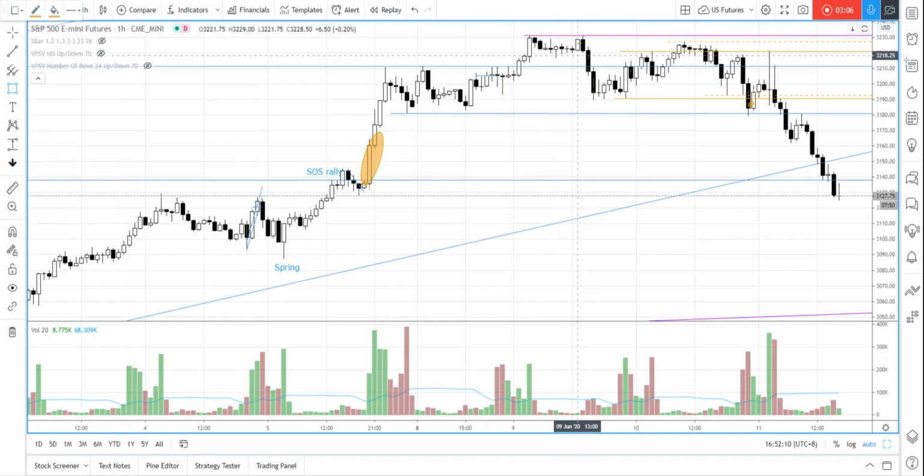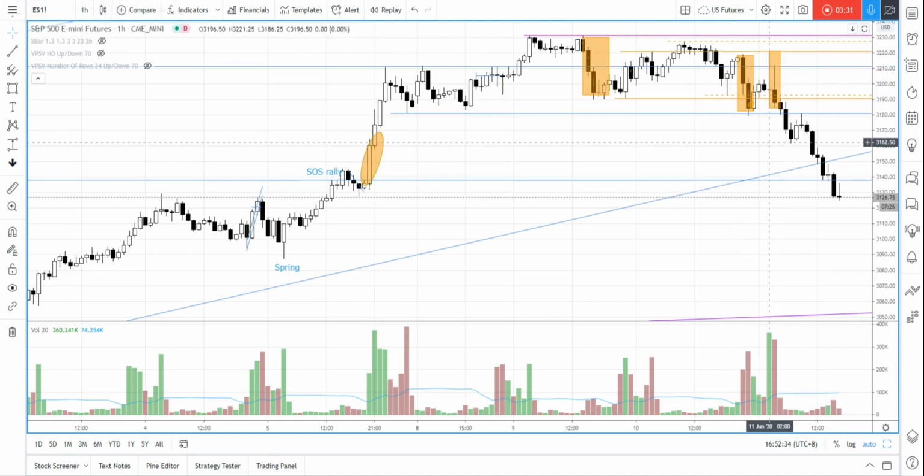Let me just mark this bar here. You can see it happened in exactly the same area here. This is where the selling happened, and we can see that another selling happened here. Subsequently, in the last 2 hours we had very high volatility together with a very high volume spike here, reacting to the Fed comments.